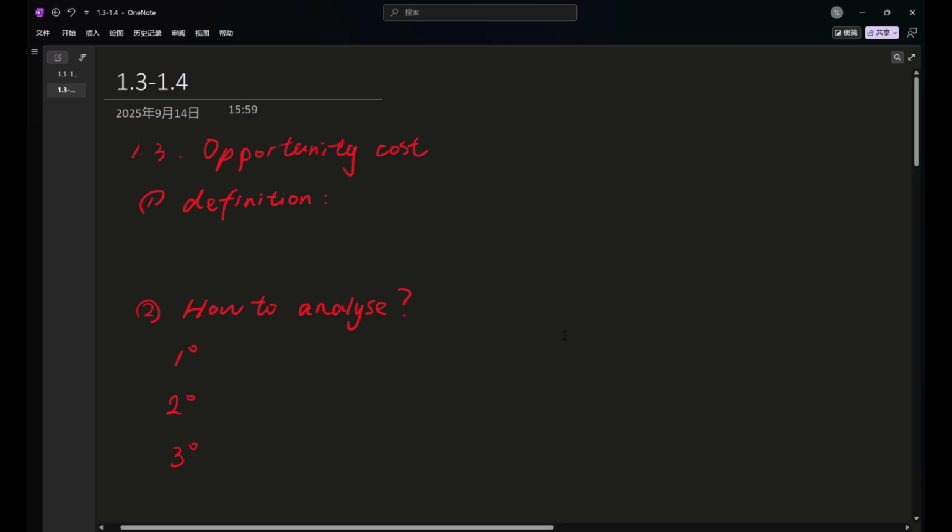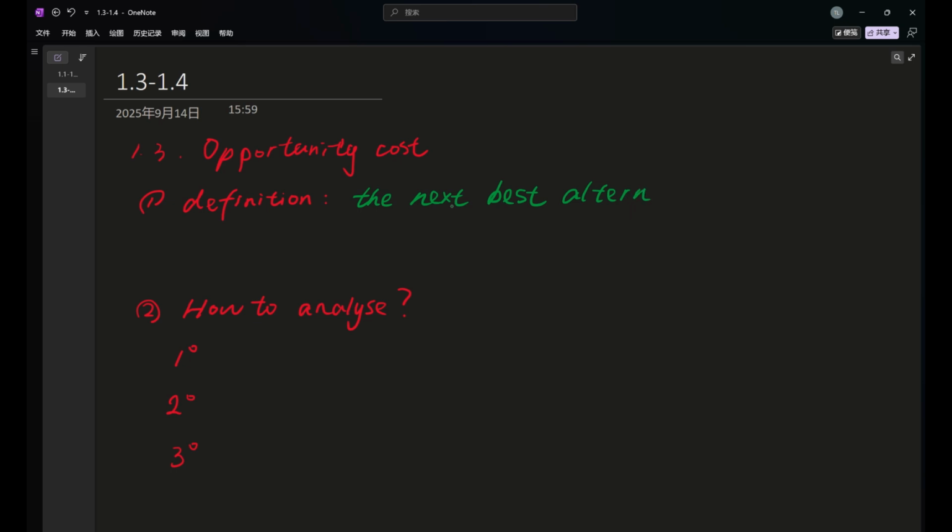So first, we are going to go through the definition of opportunity cost. This is very important. I hope all of you can recite it. The definition is the next best alternative foregone.